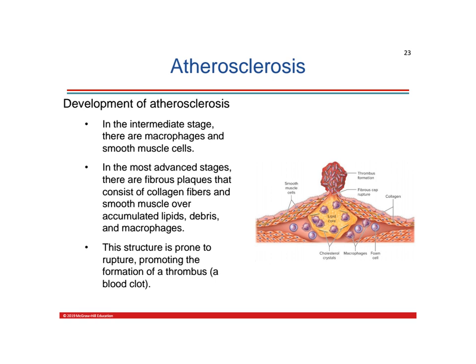These macrophages will engulf lipid and become what are called foam cells. As the disease progresses, there'll be fibrous plaque that consists of collagen fibers and smooth muscle cells, which will accumulate and form a layer over accumulated lipids, debris, and macrophages.